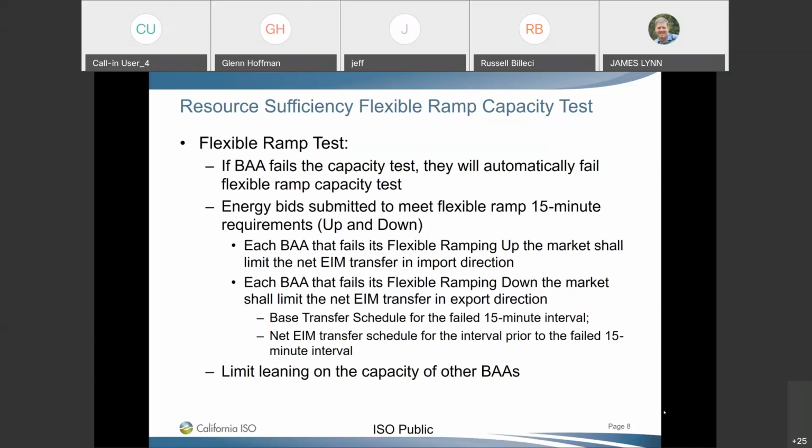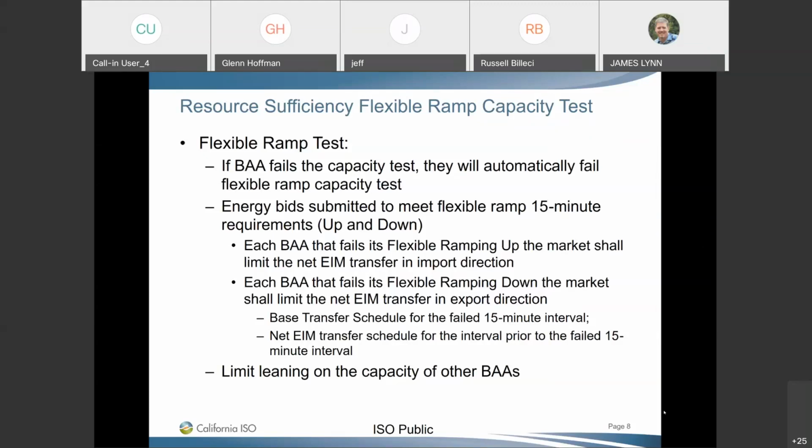And so we are saying that we're not allowing you to lean because you're coming into it already leaning. So now all your resources should be used to resolve your own net load change, and you shouldn't be relying on other balancing authority areas to resolve that.